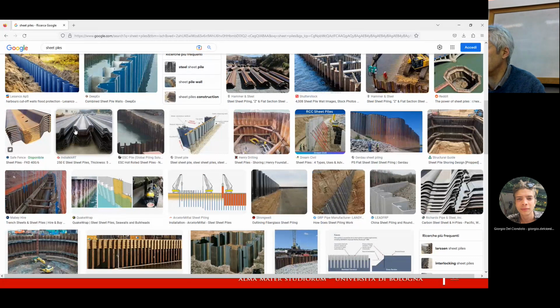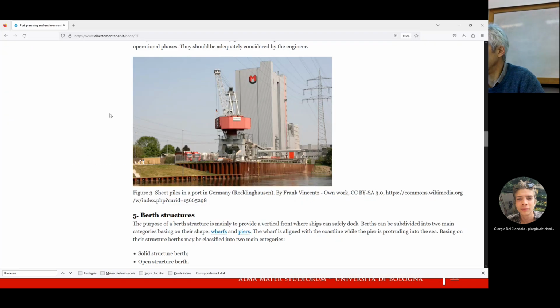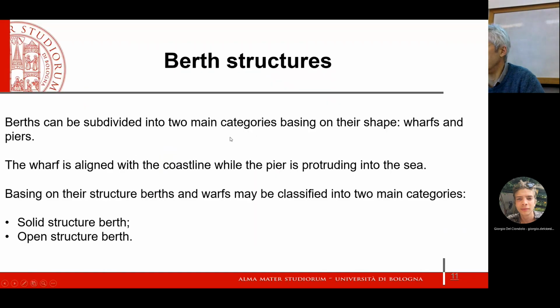The purpose is to create a structure that is impermeable and is also capable of bearing weight. So it's a structure that can take loads, of course. Good. Let's go back here.